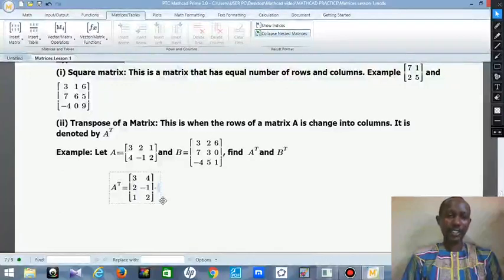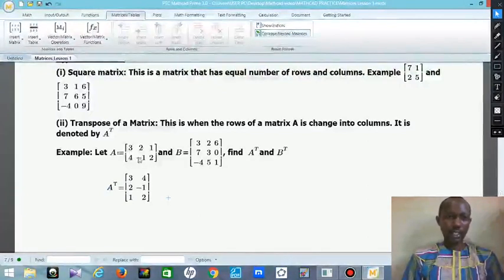So this is the transpose of matrix A. You can see it. You change this row 3, 2, 1 to column 3, 2, 1. Then the second row 4, minus 1, 2, change it to column 4, minus 1, 2.